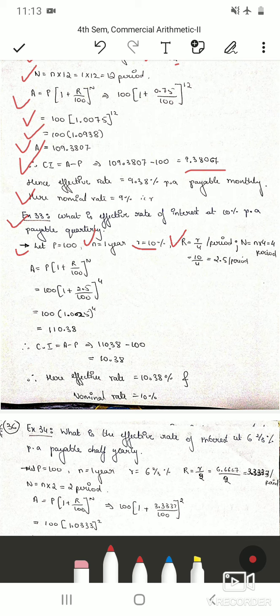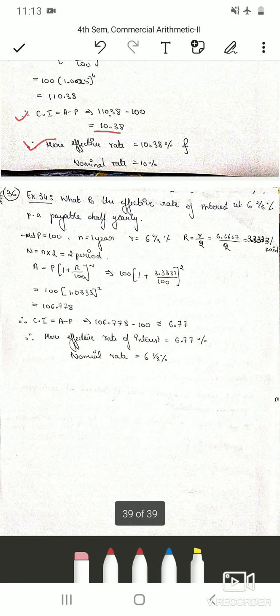Therefore capital R will be r by 4 or 10 by 4, which is 0.25 per period, and capital N will be 4 periods. So substitute in the formula, find the amount, then find compound interest. Whatever interest you get is your effective rate of interest, which is 10.38%, and the nominal rate is 10%, which is given.